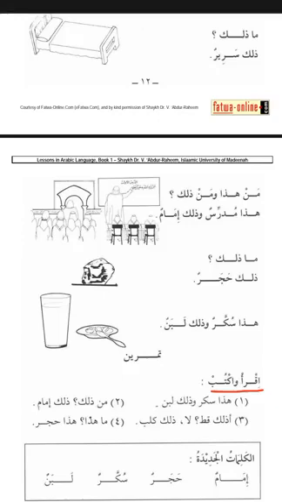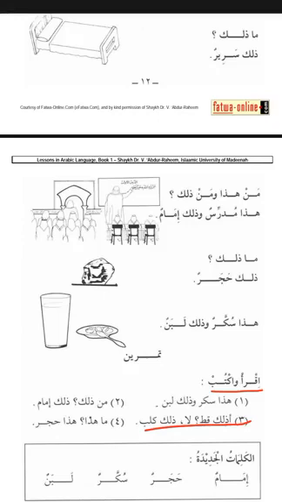Number 2. من ذلك? Who is that? ذلك إمام. That is an imam. Number 3. أذلك قط? Is that a cat? لا.